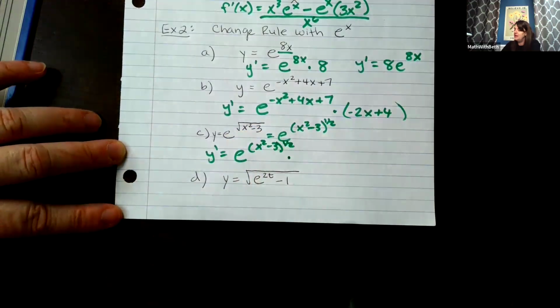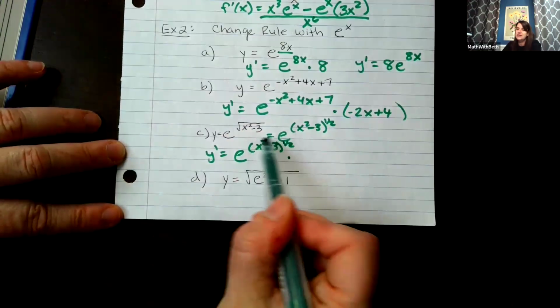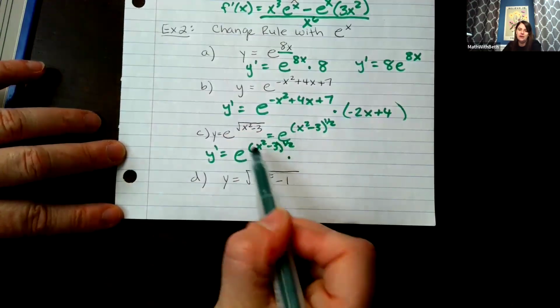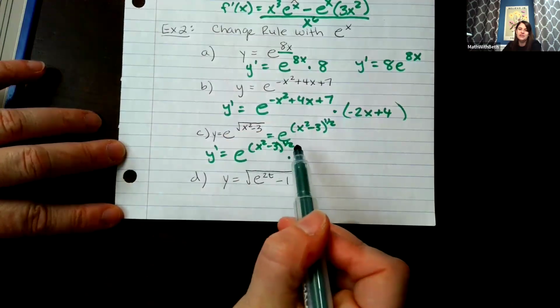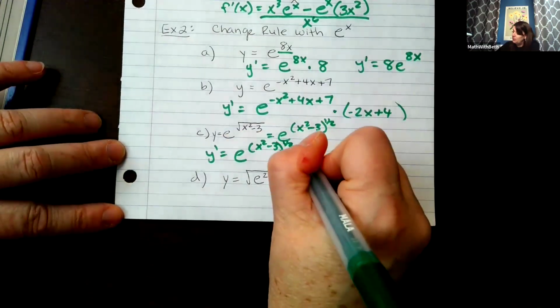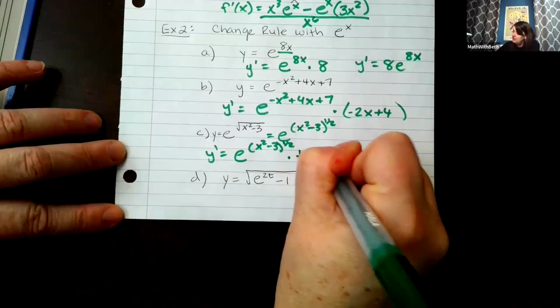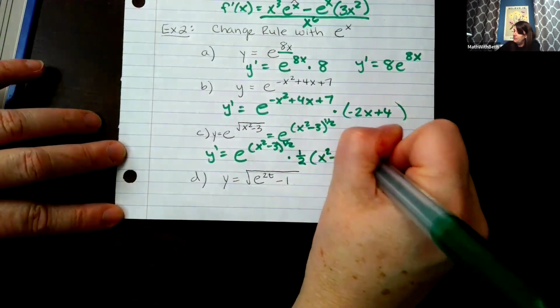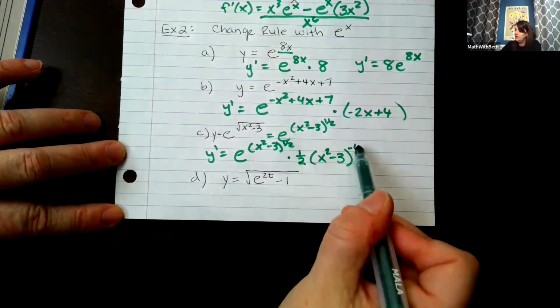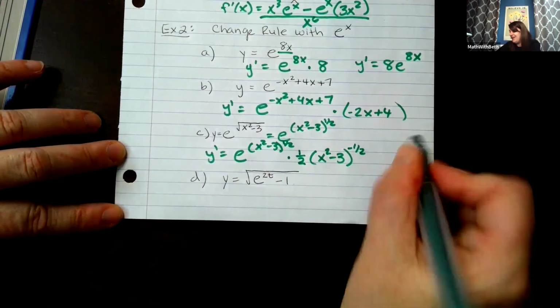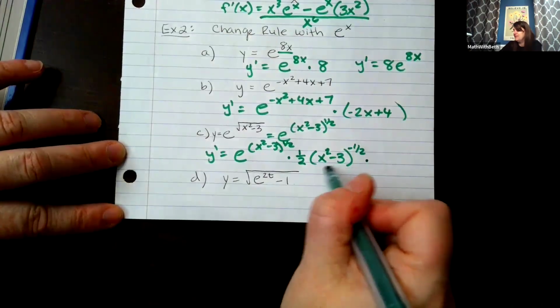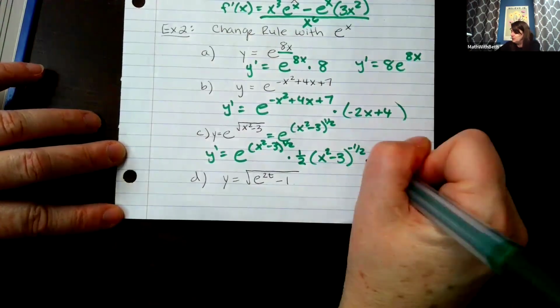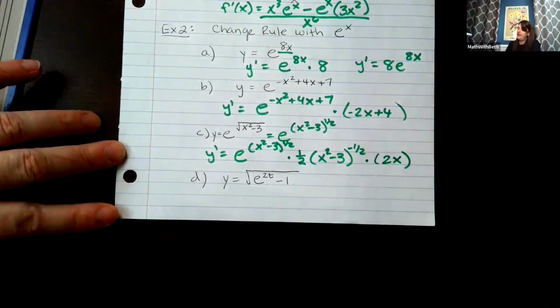But then times the derivative of this, I'm actually going to need the chain rule again because I have something raised to the 1/2. So I need to do 1/2 out front times this to the negative 1/2 because I need to subtract 1. But now I need to do times the derivative of that inside function, which would be 2x.